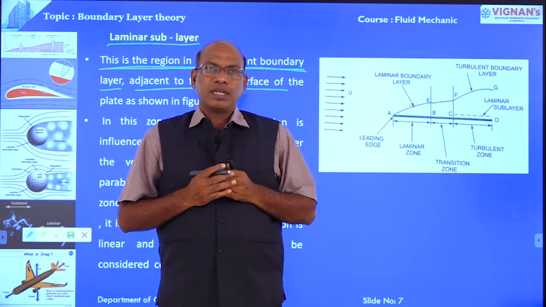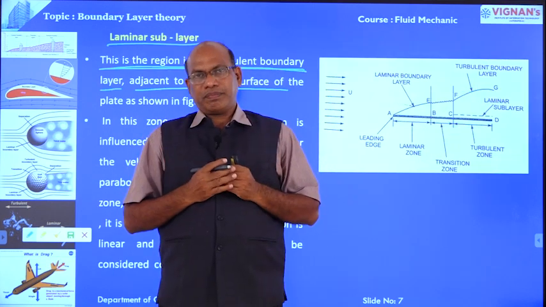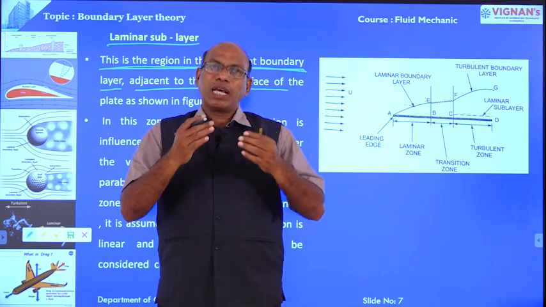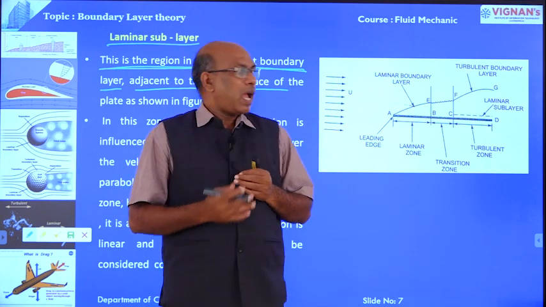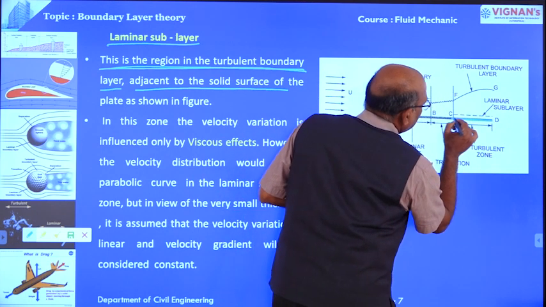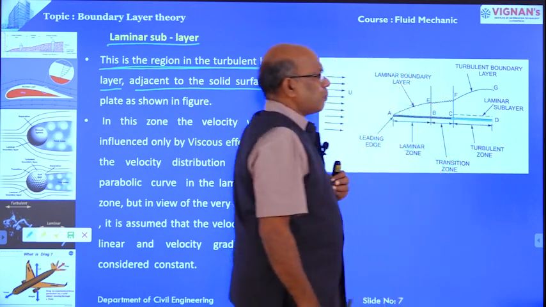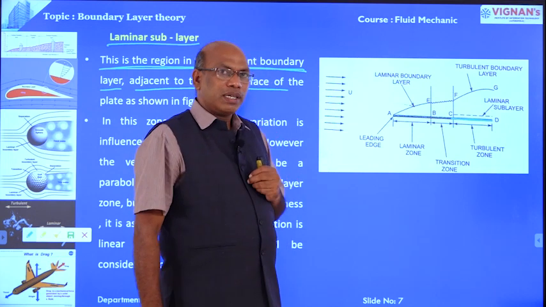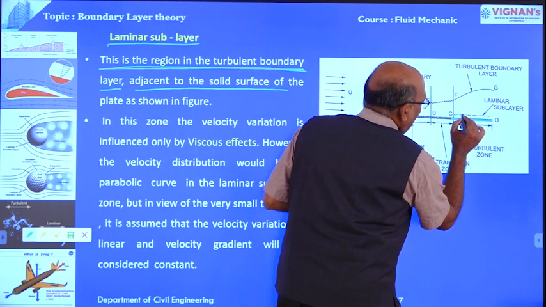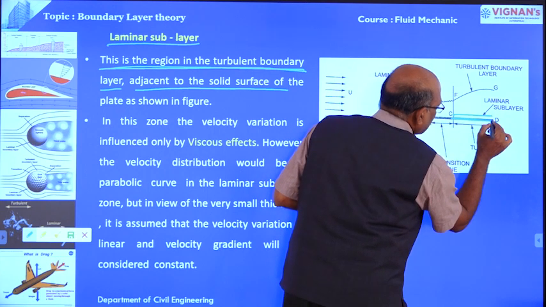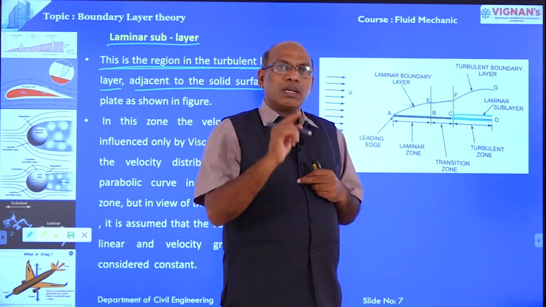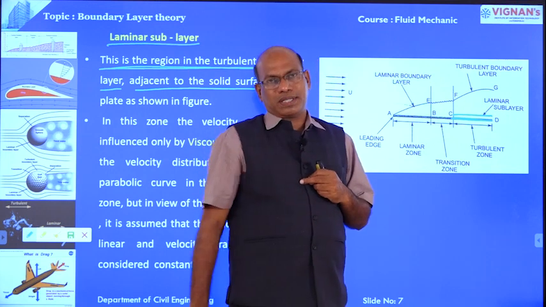Laminar sublayer. This is the region in the turbulent boundary layer adjacent to the solid boundary, and the velocity variations in this laminar sublayer are because of viscous effects.